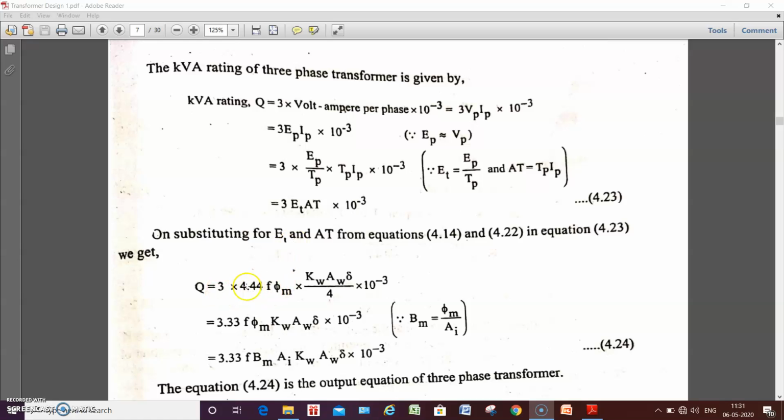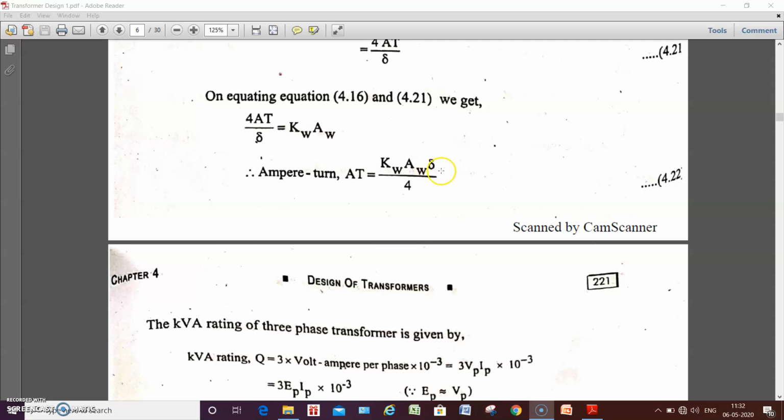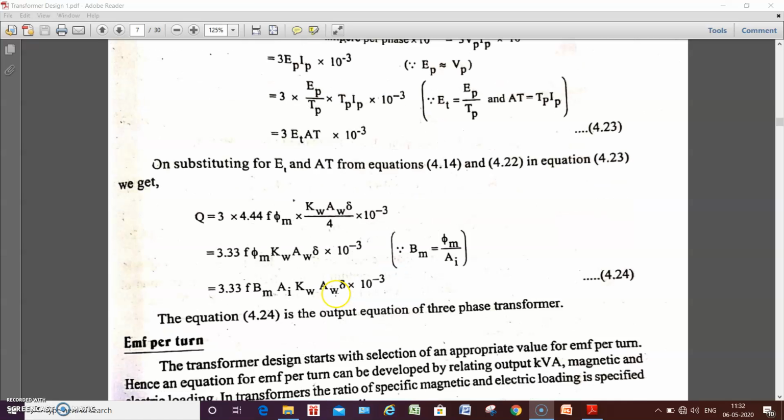So it is 3 into EMF per turn, which is 4.44 into F into FM, and the ampere turn for this transformer we have already obtained: kWAW into delta by 4, into 10 to the power minus 3.